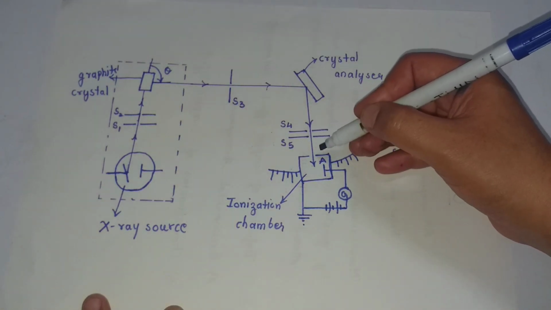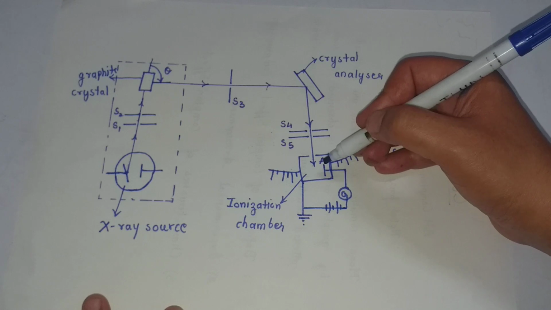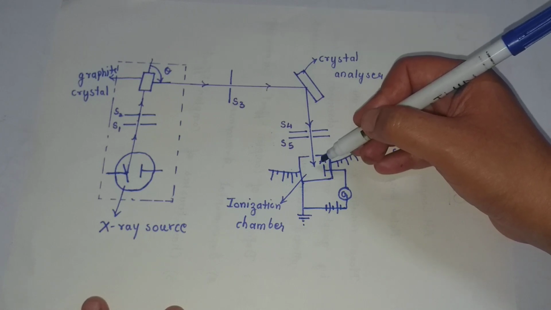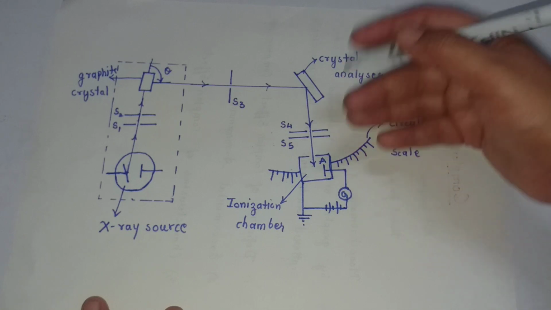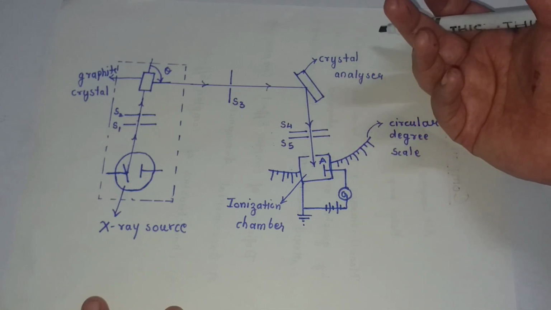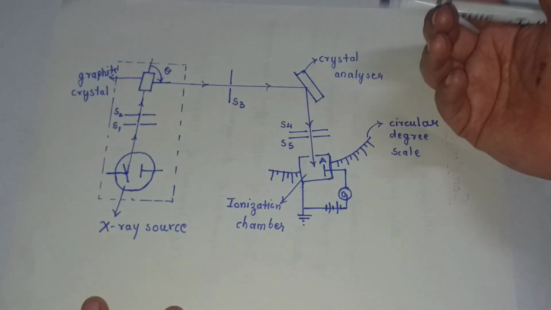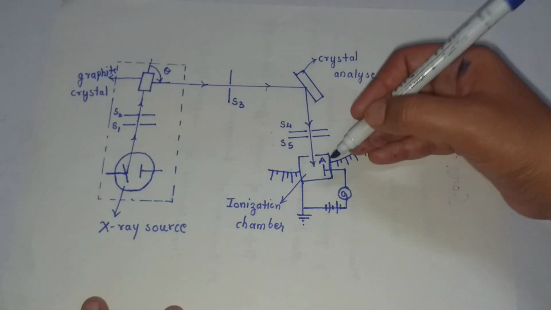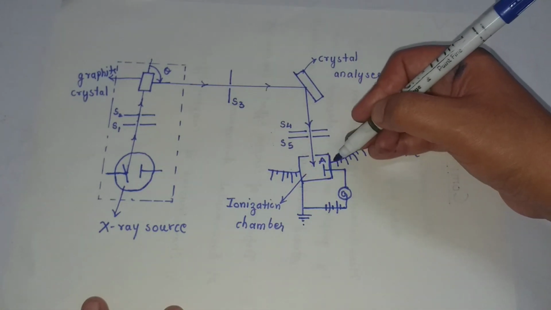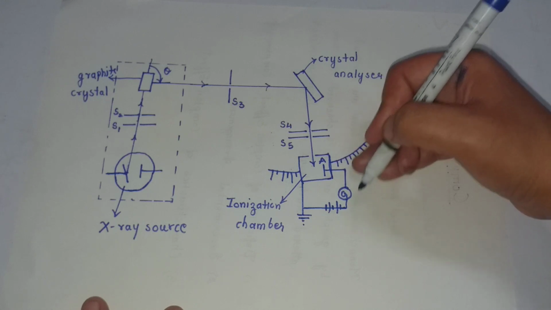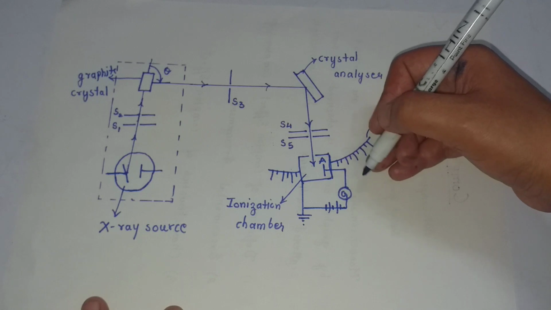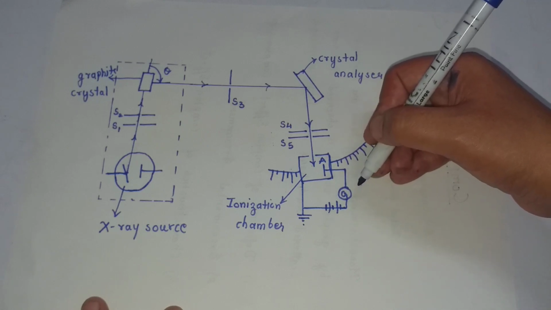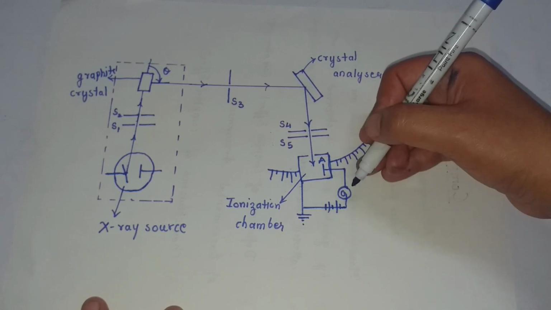When the reflected X-ray photons enter the ionization chamber, they collide with the gas atoms. And therefore, after collision, the gas atoms will split up to give negative electrons and positive ions. These electrons get accelerated towards the anode and they contribute to the ionization current. This ionization current can be measured with the help of galvanometer.